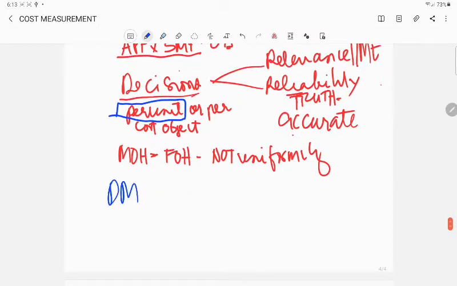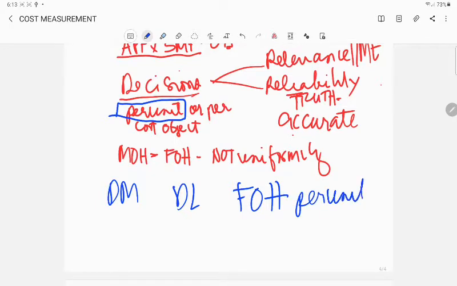We need to know direct materials, direct labor, and factory overhead. The cost object we use here is the product. So, since the cost object is product, you say per unit of product, how many materials, per unit of product, how many labor hours.